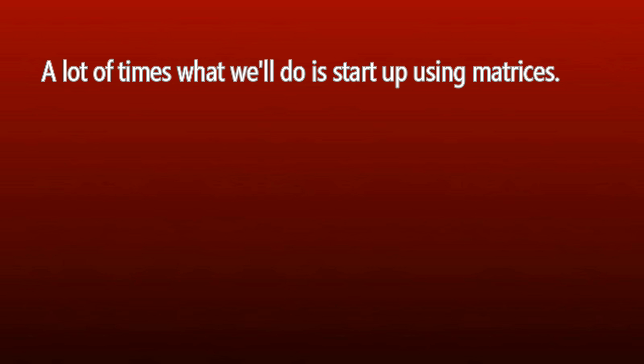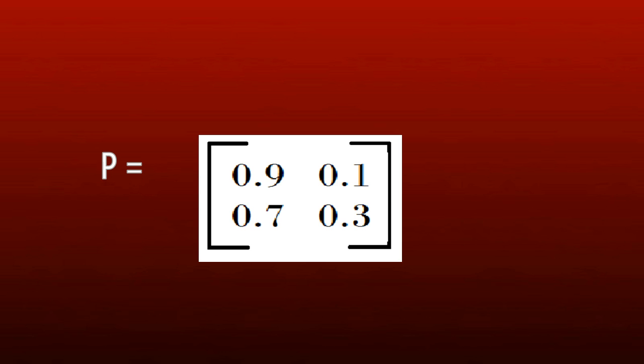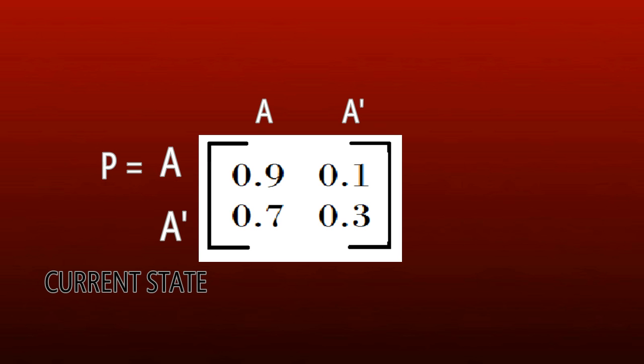A lot of times we'll start using matrices. So we're going to set up a matrix P to denote probabilities and fill it in here. We're going to put A up here and A prime, or not A, there. The left side is going to represent your current state and the top is going to represent the next state.